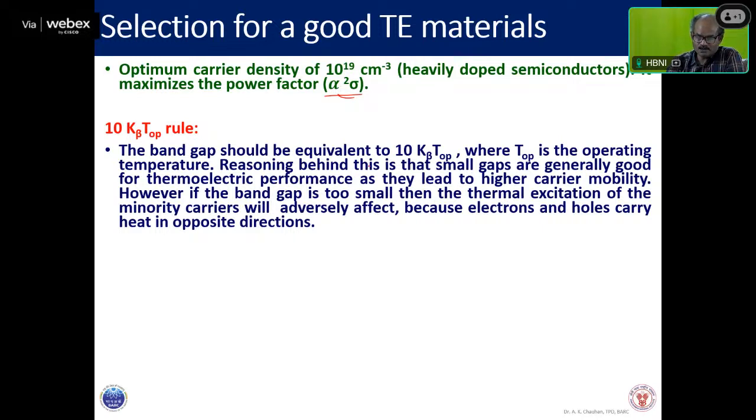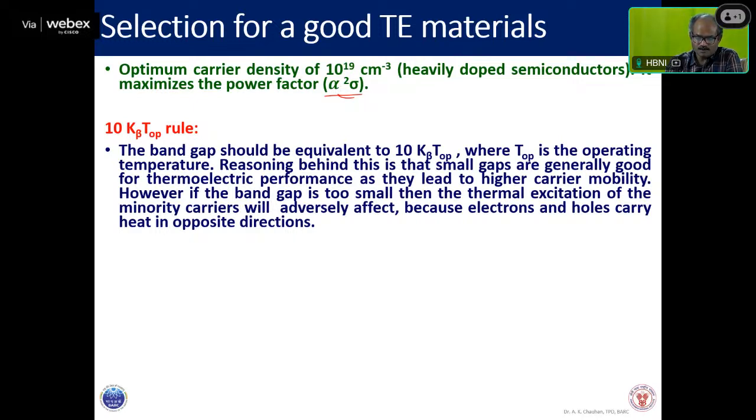So the band gap should be equivalent to 10 kT, where T is the operating temperature, and the reasoning behind this is that small gaps are generally good for thermoelectric performance, as they lead to higher carrier mobility.